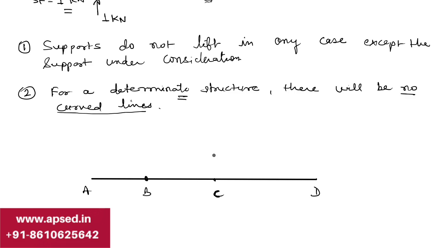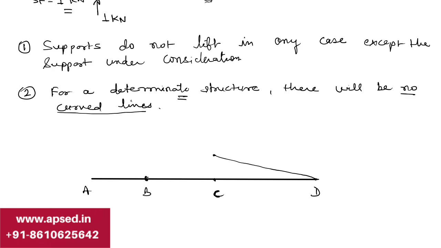So at this point the ILD will be somewhere here. Now what will happen for the CD part? D will remain in its place. D cannot lift because D is a support. So it will join something like this. Now after this, what should happen?